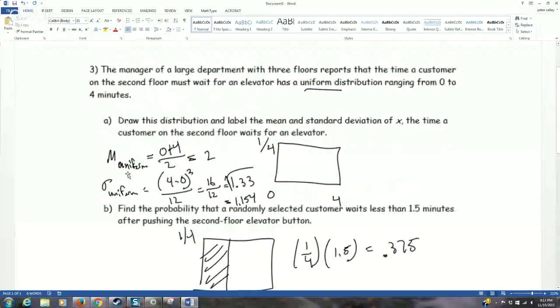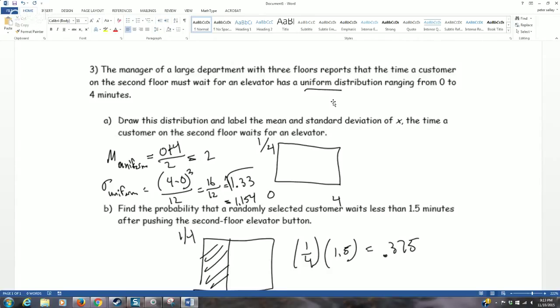Okay. So in number 3, we're told that there's a department store with 3 floors and an elevator. But in the setup, they actually tell us it's a uniform distribution going from 0 to 4 minutes. So you could hit the button and it could immediately open up, or you could hit the button and it could take 4 minutes for the thing to get to wherever you're standing.